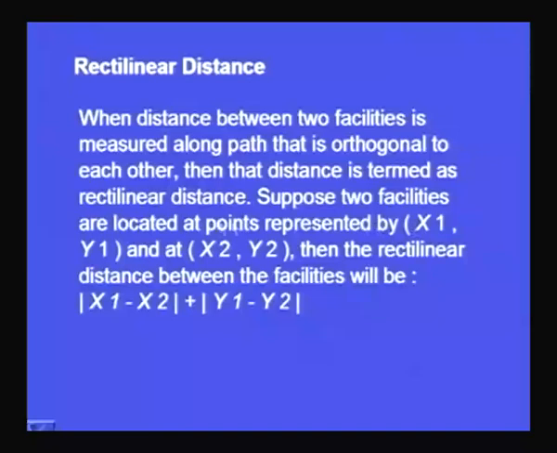Now, suppose two facilities are located at points represented by x1 y1 and x2 y2. So, there are 2 points. The location of the first point is x1 y1 and the location of the second point is x2 y2. Then the rectilinear distance between the facilities will be the absolute of x1 minus x2 plus the absolute of y1 minus y2. Now, on your screen you can see a very simple diagram.